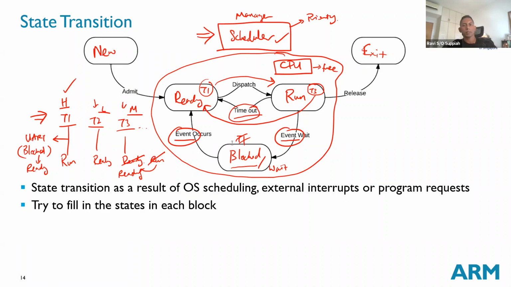So the question is about how priority is determined. Priority is assigned when you create a task. When we create a task, we assign the priority to it. This idea of priority switching is also there.